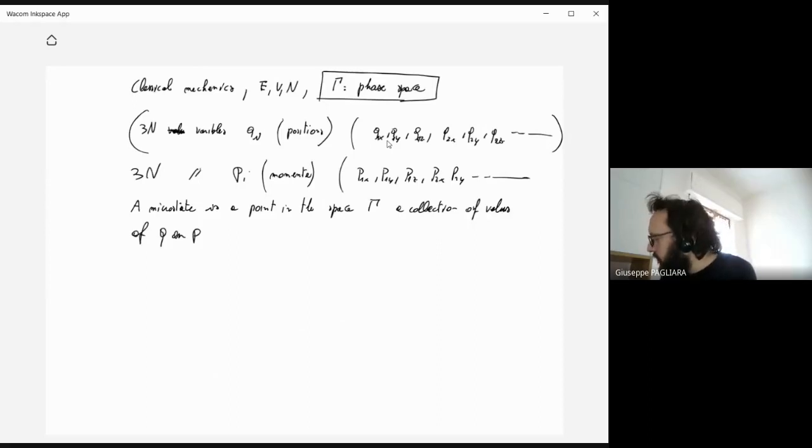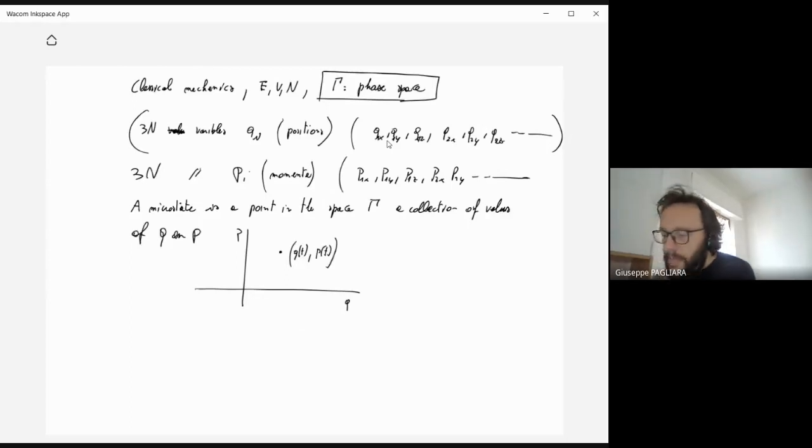And if I want to do a plot, of course here we'll have 3N axes for each, so 6N axes actually. Let me put here P and Q, and a microstate will be just a point here, which is determined by Q, which is a function of t, and P, which is a function of t.